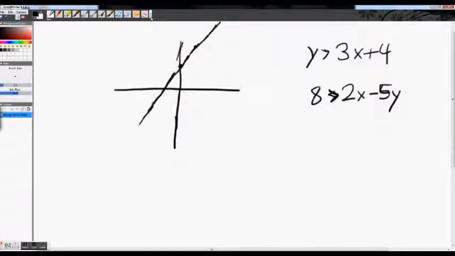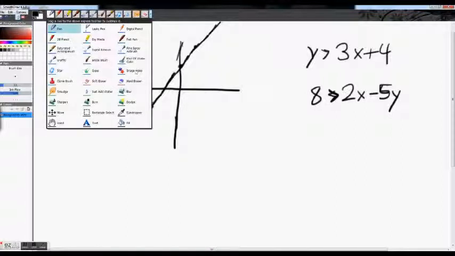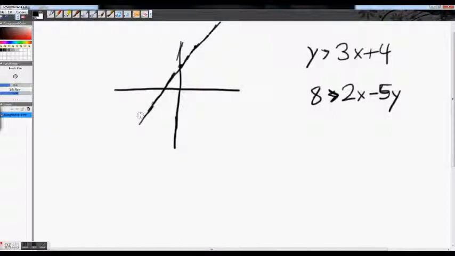Let's go ahead and make it dotted. So there you go. There's a dotted line.